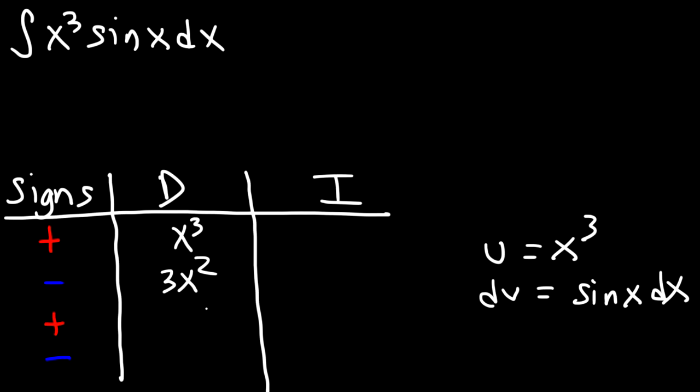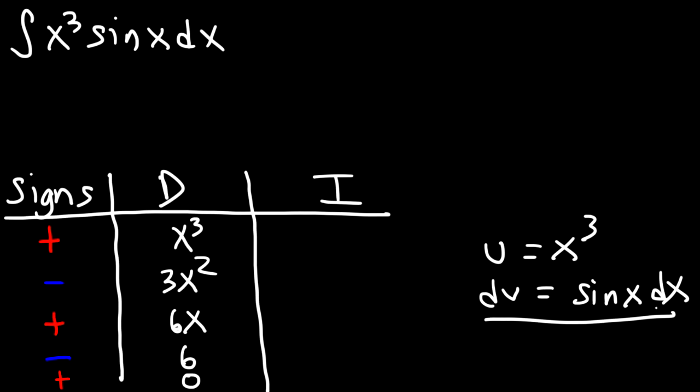And then u double prime, that's going to be the derivative of 3x squared. So that's 6x. And the derivative of 6x is 6. And if we differentiate it one more time, it's going to be 0. So let's put a positive sign here, which we really don't need the fifth row. I'm just going to write it.